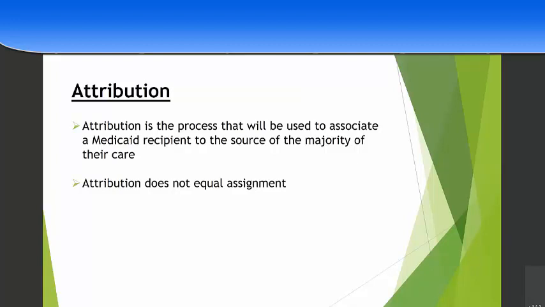It does mean that when you look on the Medicaid web portal, you will see who they've been attributed to and who has provided the majority of their care. It could be a PCP, it could be a health department, it could be a specialist such as an oncologist or a hematologist. And again, attribution does not equal assignment.